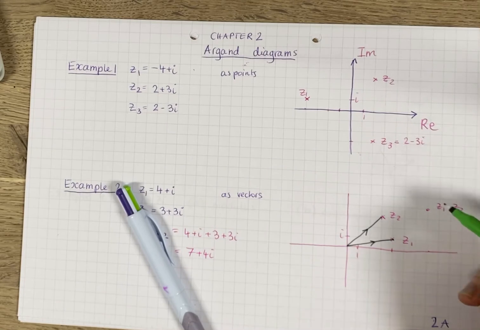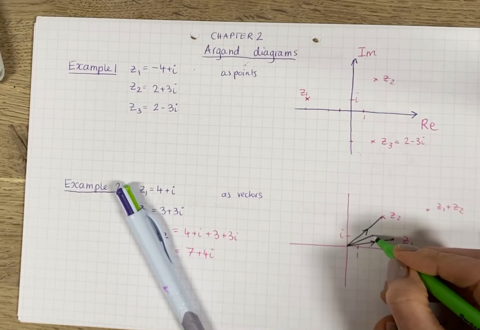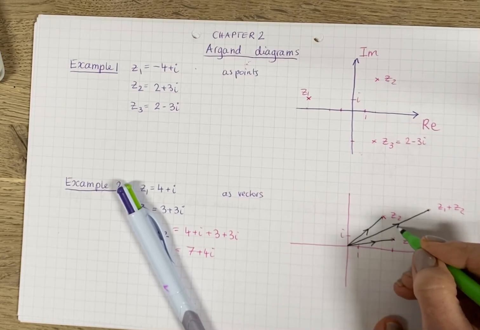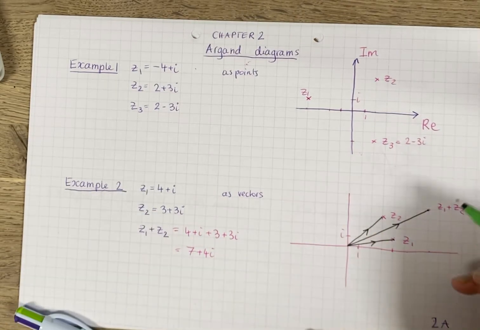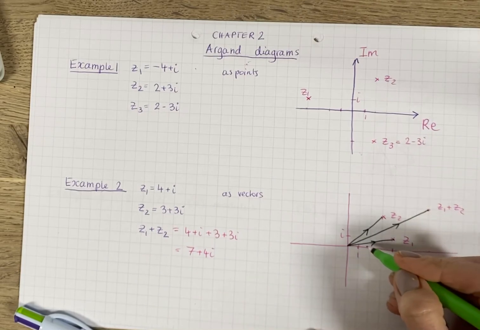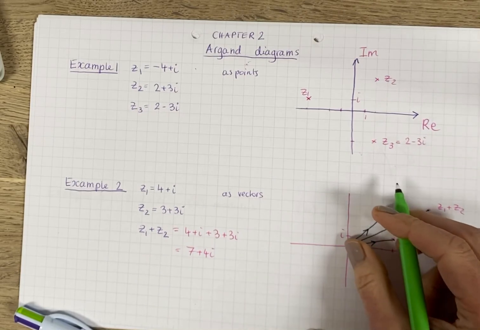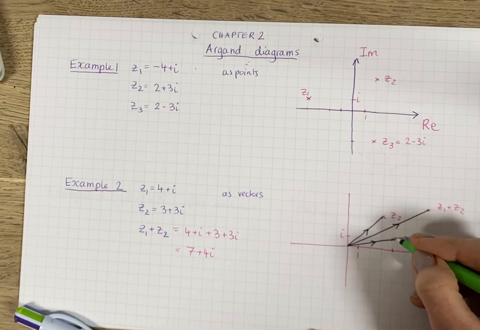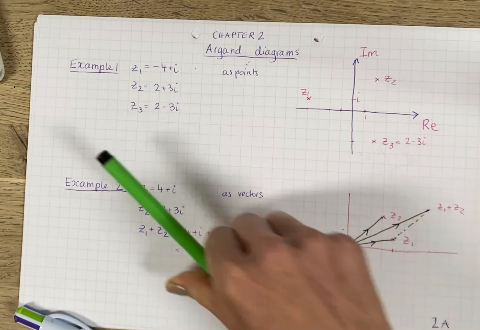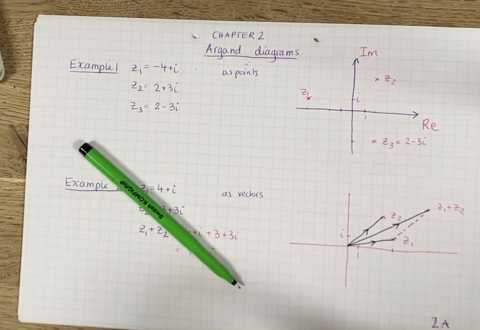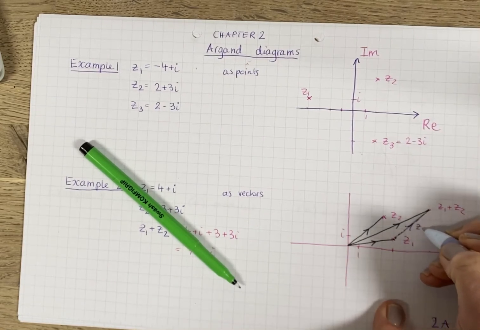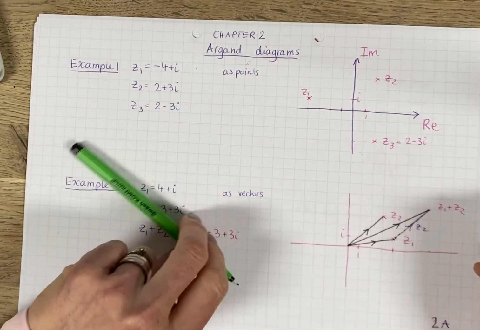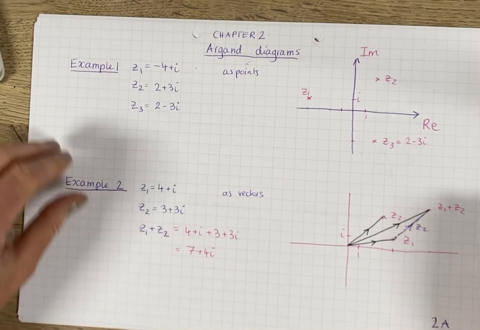Obviously join it with the vector from the origin. And this is confirmed by looking at it graphically with vectors. If I have Z1 and then slide Z2 across over here, you will get the sum of the two vectors.